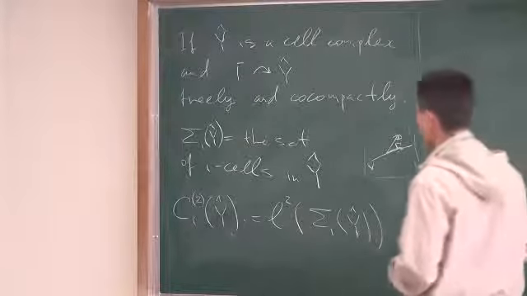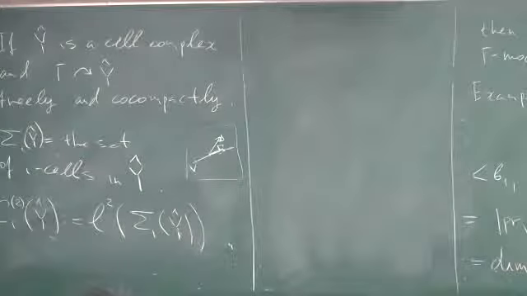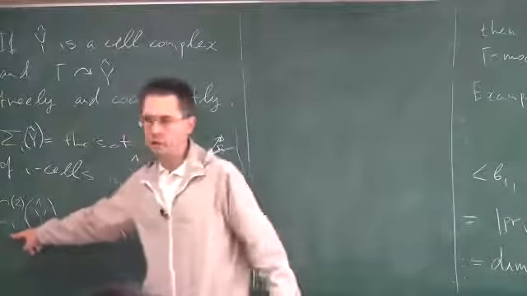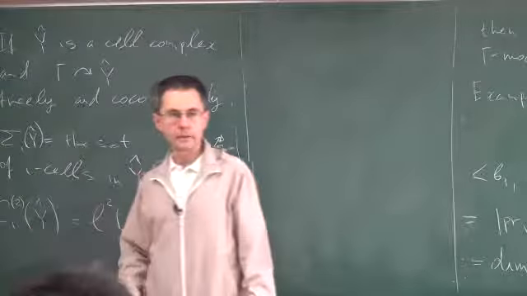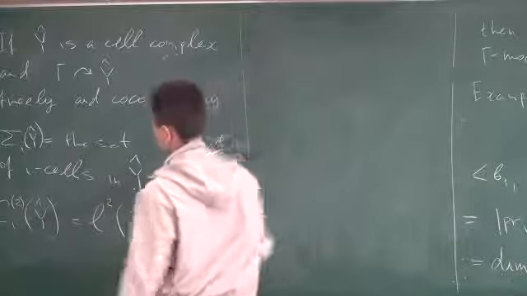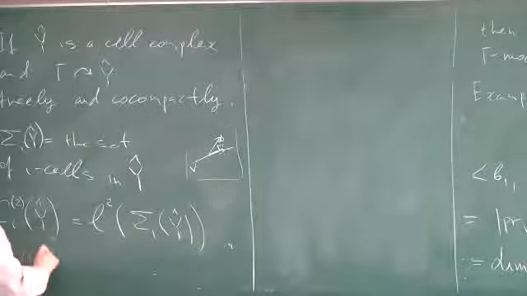And as in the case of the usual homology, consider the space corresponding to I and the space corresponding to I minus 1. There is a boundary map from one to the other. And I might call this C_I of y hat.